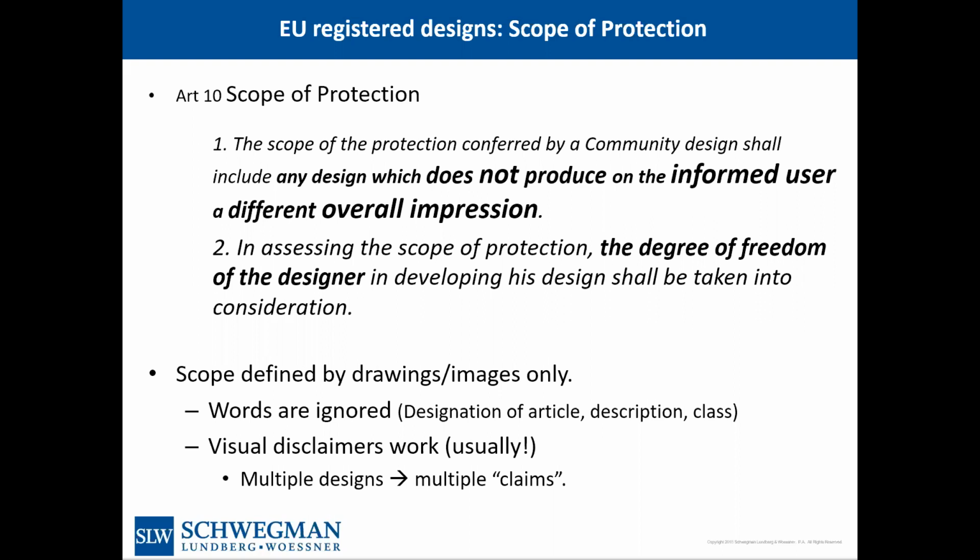The registration has a designation of the product, has a title. There is optionally a description you can file, and it has a class and a subclass within the Locarno classification. But all of these things are completely ignored in determining the scope of protection. So visual disclaimers, something that you can fit in the drawings, is about all you can do.